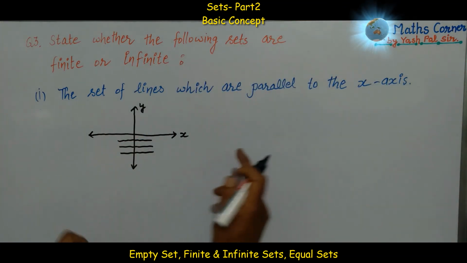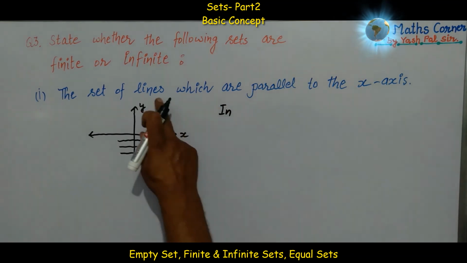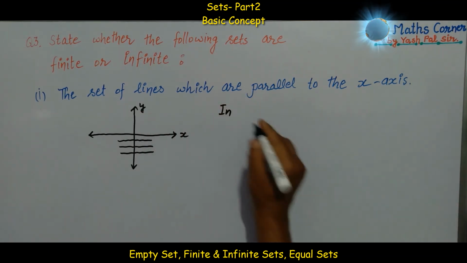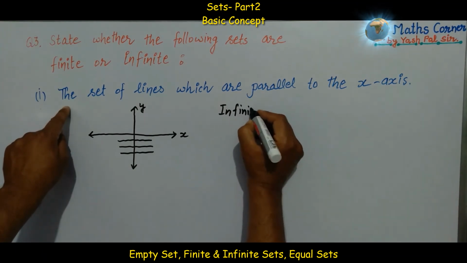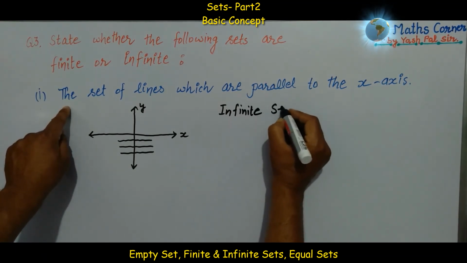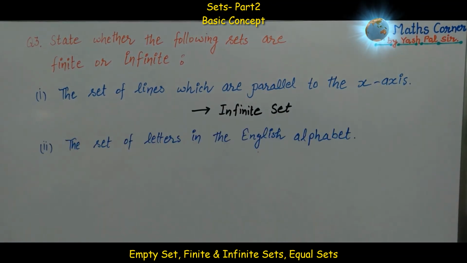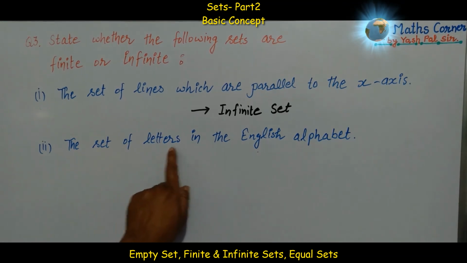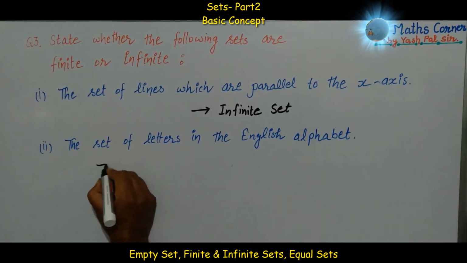That means infinitely many lines can be drawn parallel to the x-axis, so this collection is an infinite set. Next, the set of letters in the English alphabet.